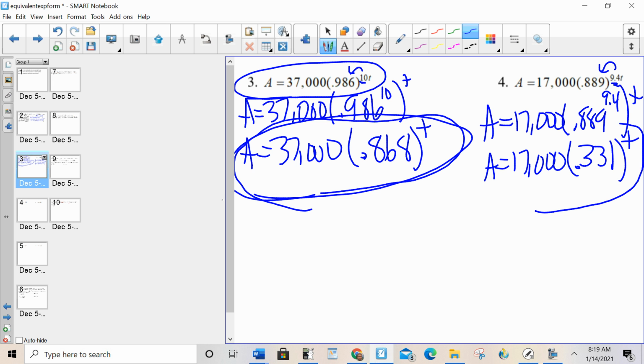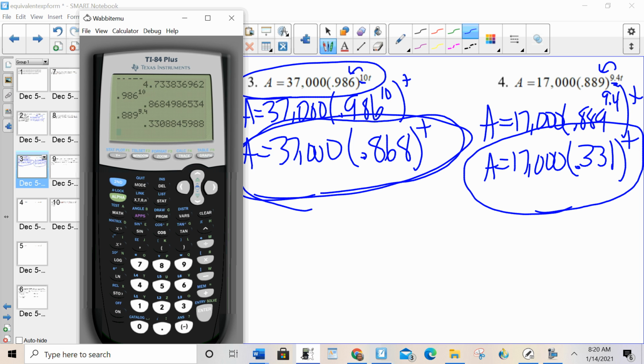And again, the application of that, now that I have that, I know that the annual decay rate is 33.1% is what's keeping, so it looks like it's going down by 66.9%. So that's my application. And again, if you're wondering where I'm coming up with that, if I just did 1 minus 0.331, that will tell me the decay rate 0.669 or 66.9%.